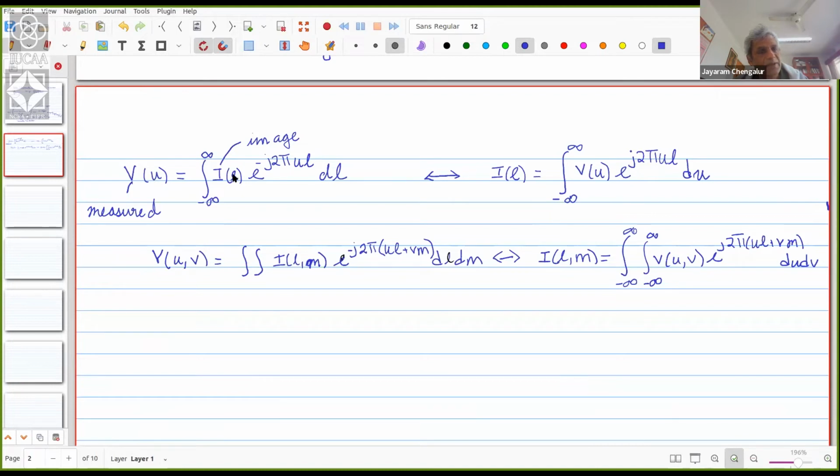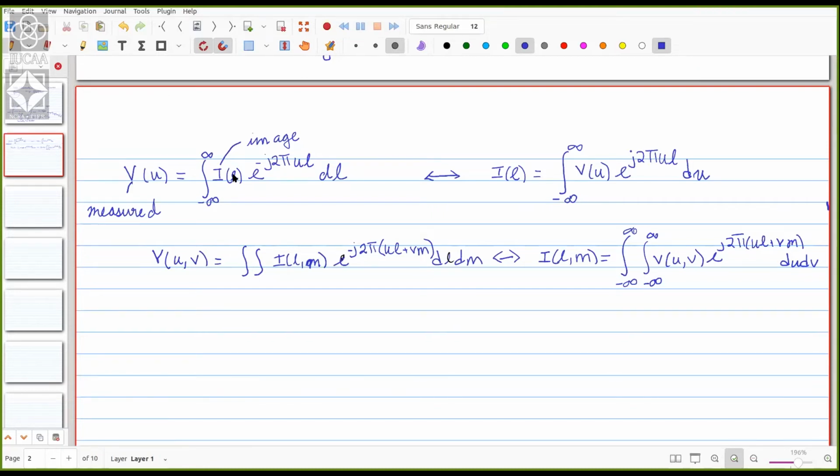And similarly, if I of l had fine scale structure, but not much large scale structure, that is, I see oscillations on fine scales, but on the large scale, on the average, there's really not much change, in that case V of u would be non-zero only for large u, whereas for small u, it would be zero.